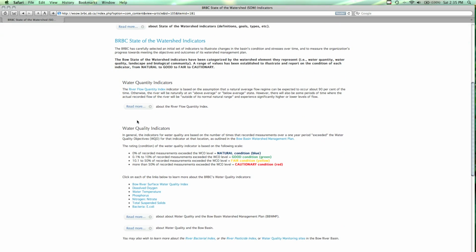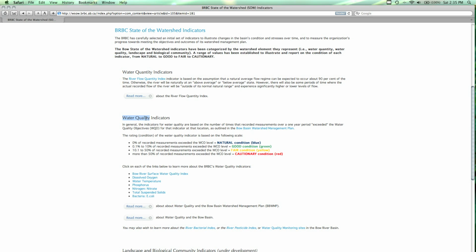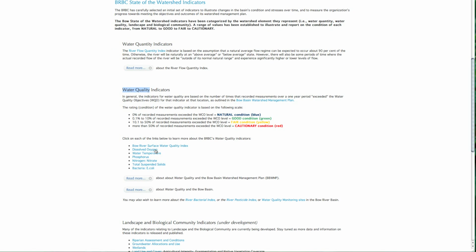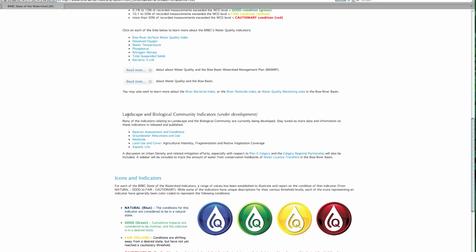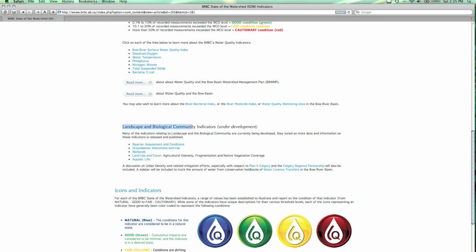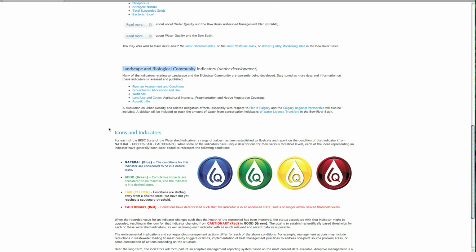It also provides an overview on the specific watershed indicators selected by the Bow River Basin Council around water quantity and water quality, such as dissolved oxygen, water temperature, phosphorus, nitrogen, total suspended solids, and E. coli. You'll also be able to learn more about the landscape and biological community indicators that are currently under development.